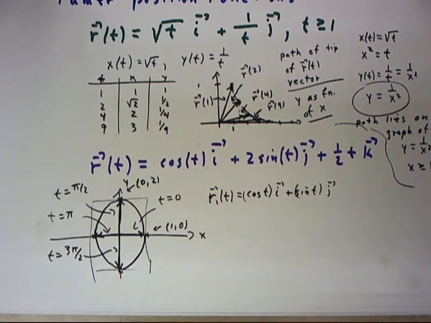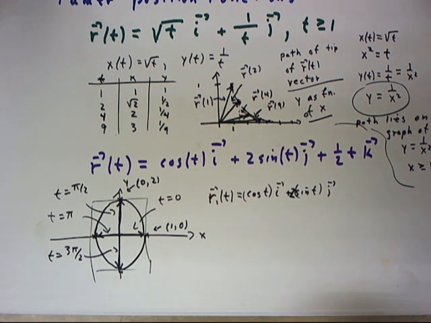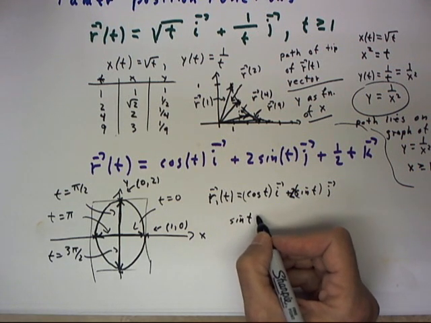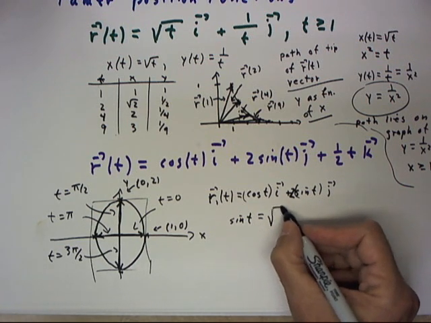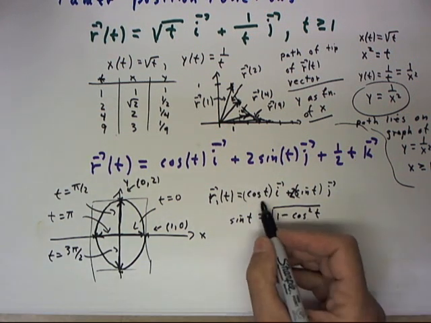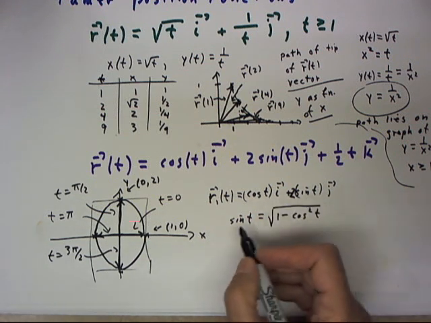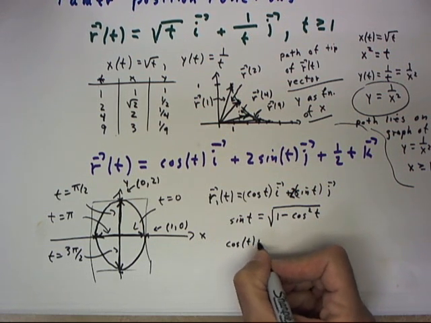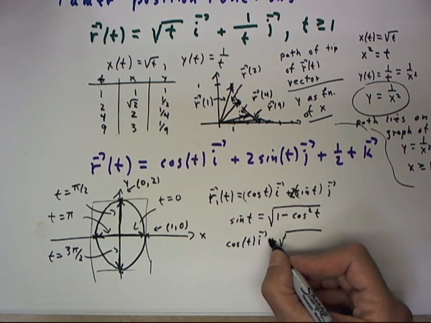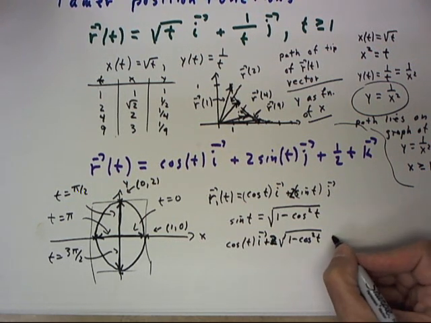We can prove that this is, in fact, an ellipse, and I left off the 2, that's 2 sine t j, by the fact that sine of t is the square root of 1 minus cosine squared of t, so that this function can be written as cosine of t i plus 2 times the square root of 1 minus cosine squared of t times j.